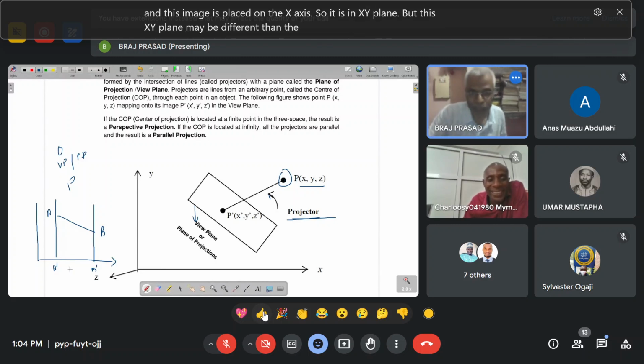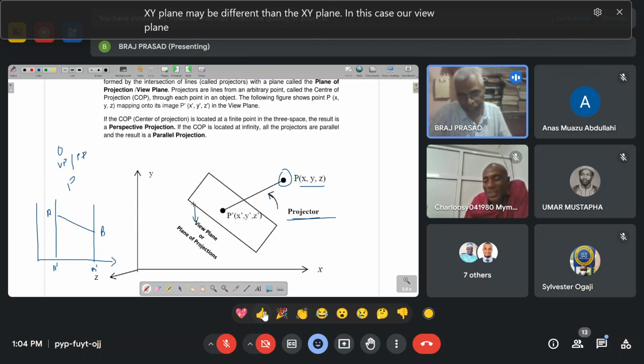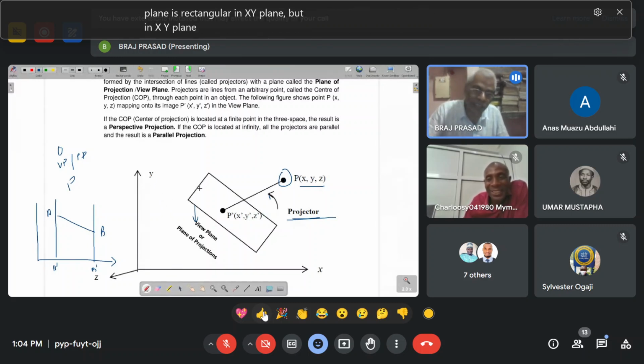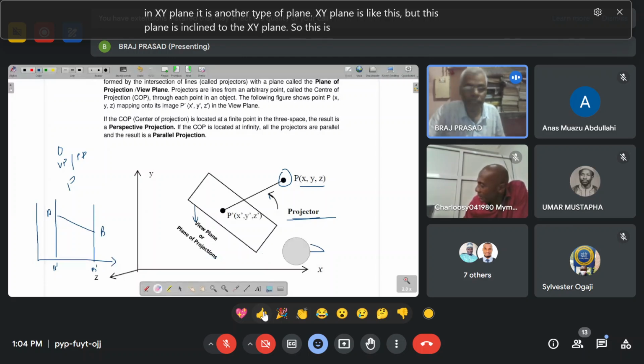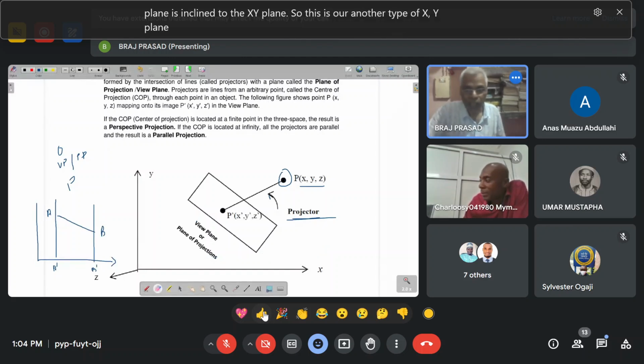In this case, our view plane is rectangular in the xy plane, but it can be another type of plane, inclined to the xy plane. So this is another type of plane, and this is our object, this is our image, and this is the projector.